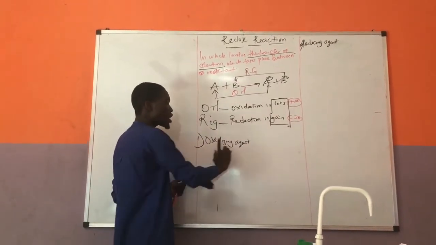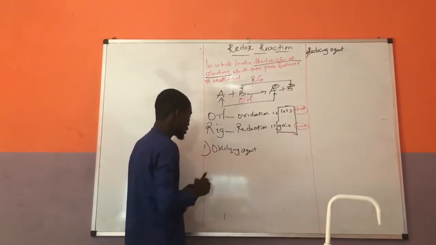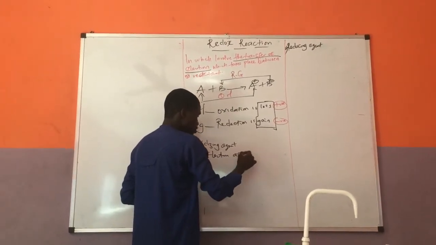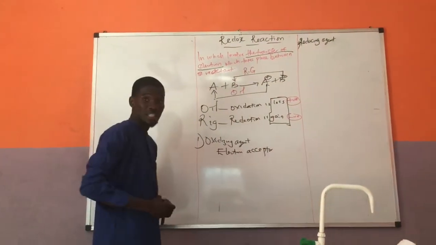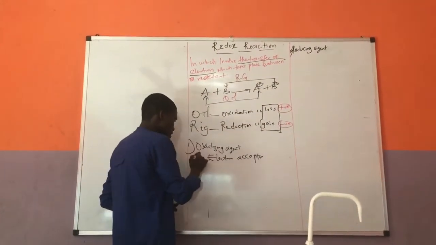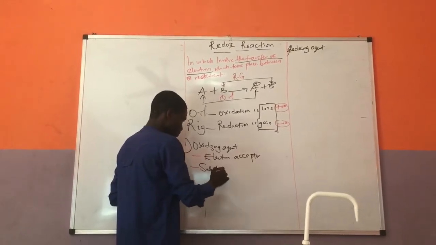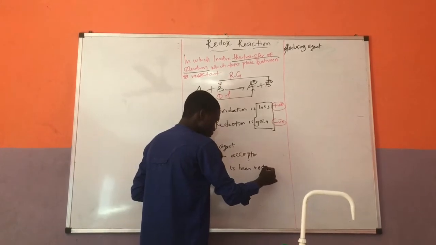The first one, oxidizing agents: take note of one thing here. An oxidizing agent is an electron acceptor. It is the substance being reduced.